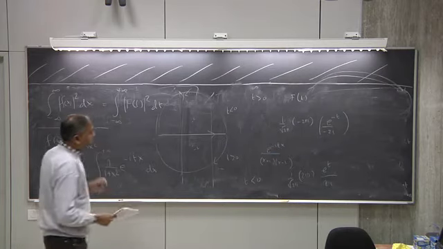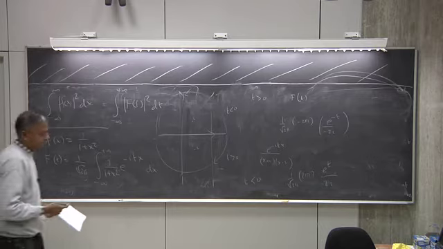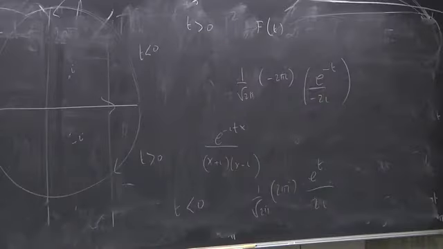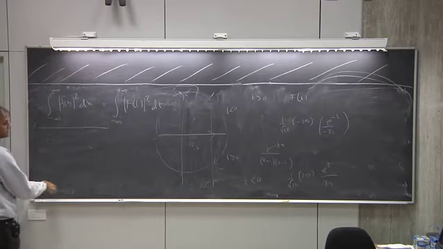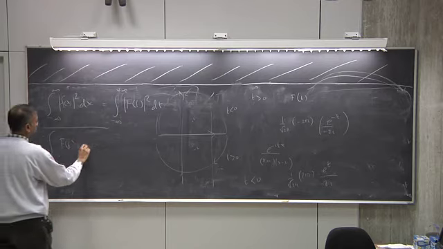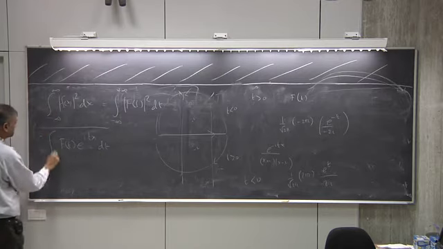Now we can check if the inverse transform gives back the same answer. We want to check this integral: 1 over root 2 pi, integral of F of t e to the i t x dt from minus infinity to plus infinity.